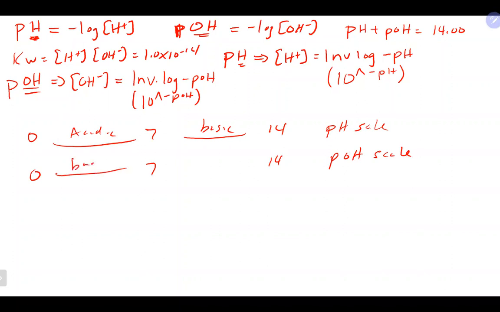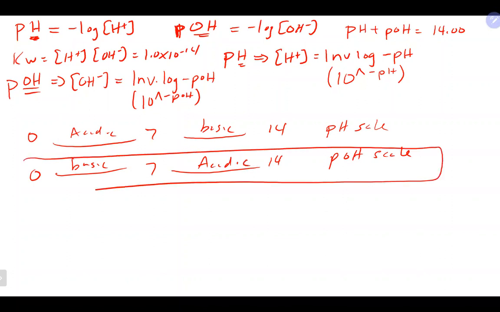That end is basic, and that end is acidic. So I would highly recommend avoiding thinking about pOH and always going with the pH, because that's usually the one everybody has in their head. But they do run opposite to each other, so keep that in mind. Any questions on any of that?